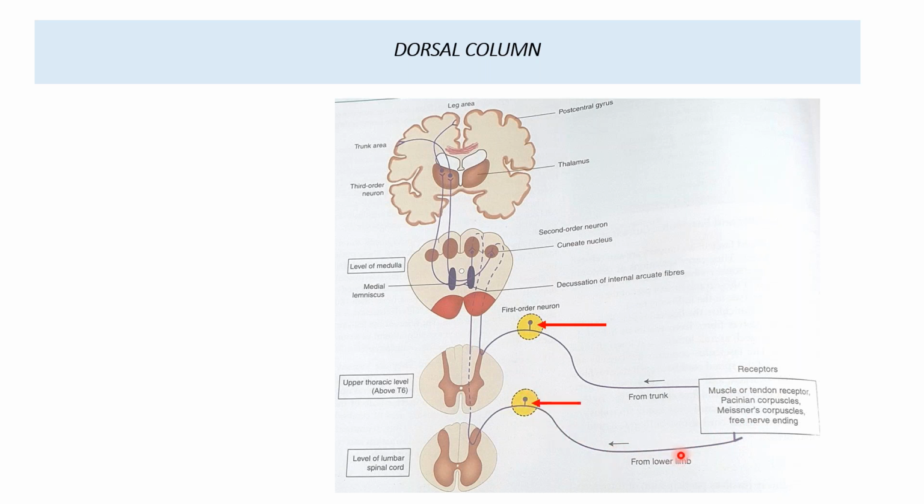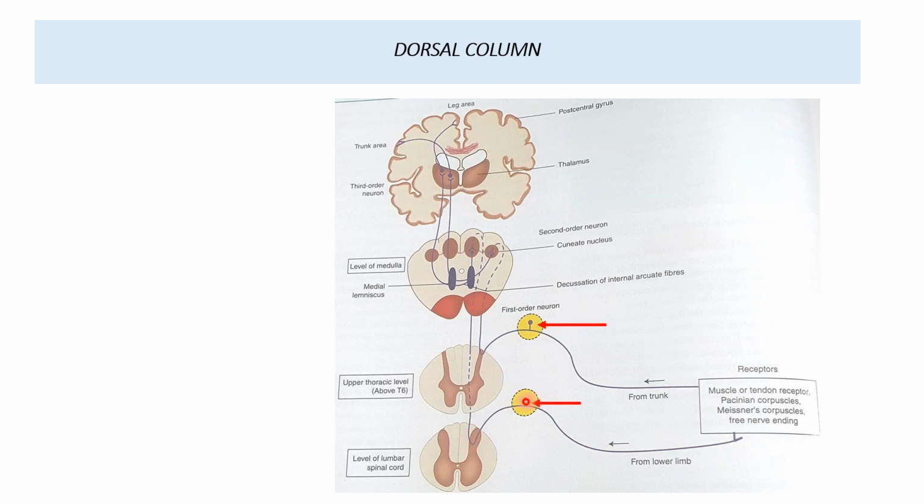And look at the difference right here. This is the first order neuron from the trunk level, and this is the first order neuron for the lower limb. Suppose I'm talking about a sacral fiber. The sacral fiber sensation will be received by the peripheral process of the dorsal root ganglion over here. And the trunk will come lateral to it.